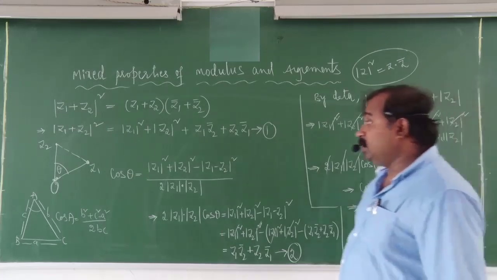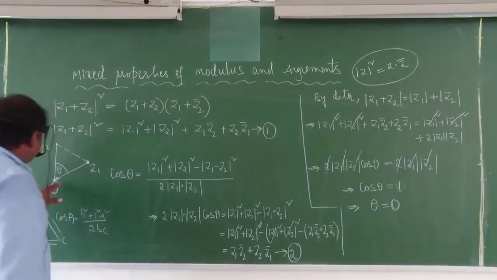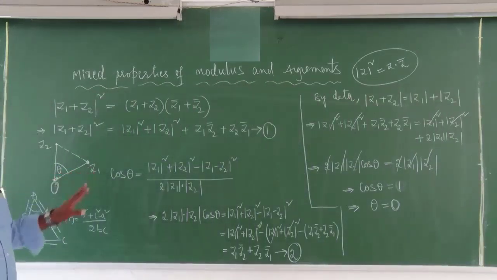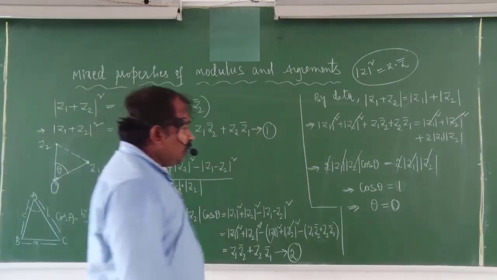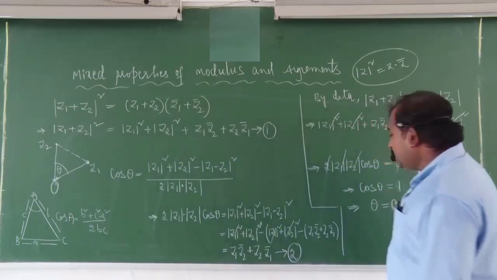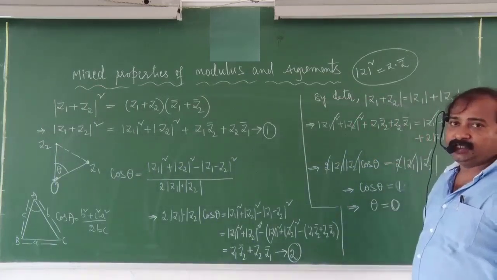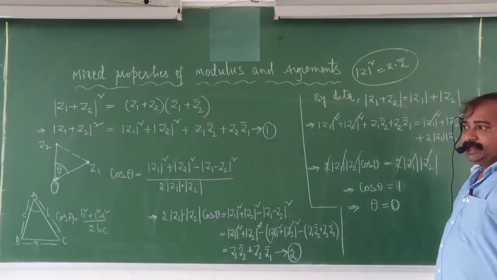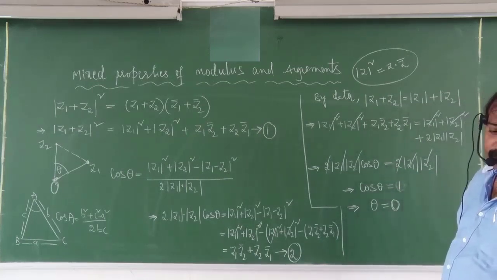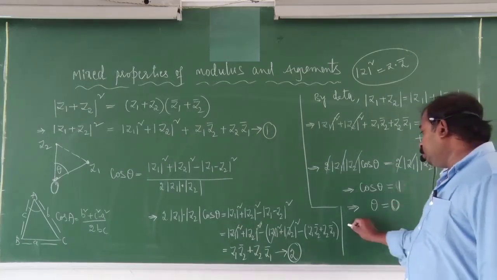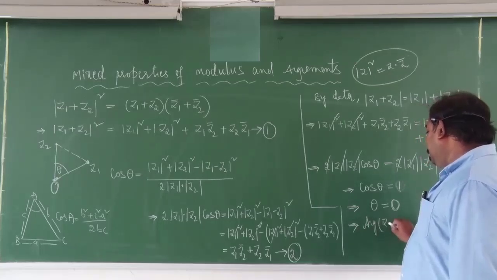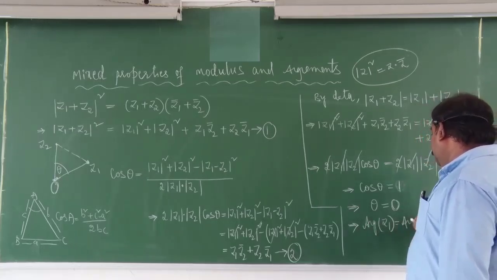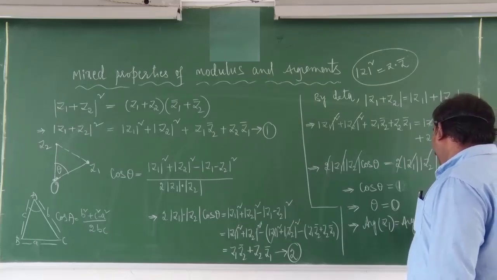Theta 0 means what is the meaning here? If you observe here, the cos theta value we got is 1. Cos theta equal to 1 means theta equal to 0. What is that meaning? There is no angle between Z1 and Z2. Here we can conclude that argument of Z1 is equal to argument of Z2.